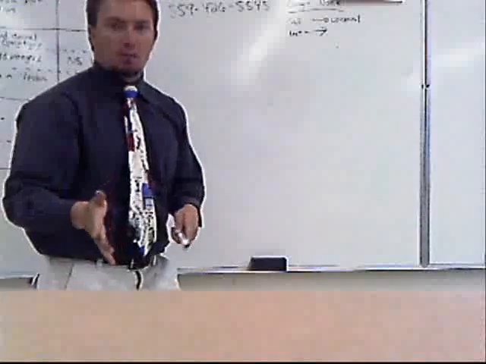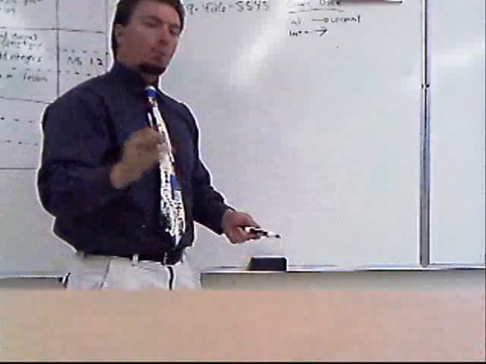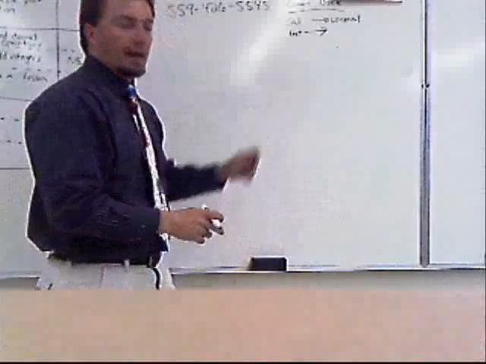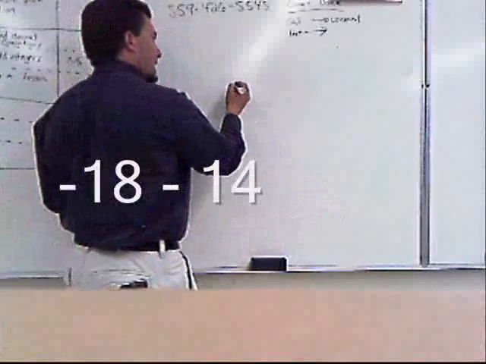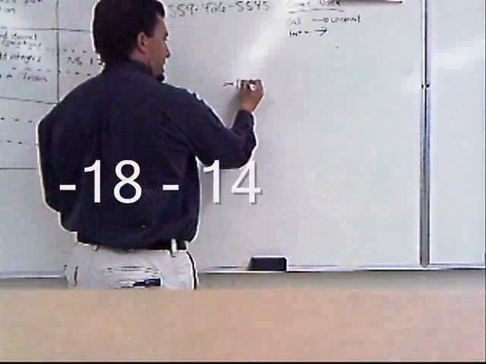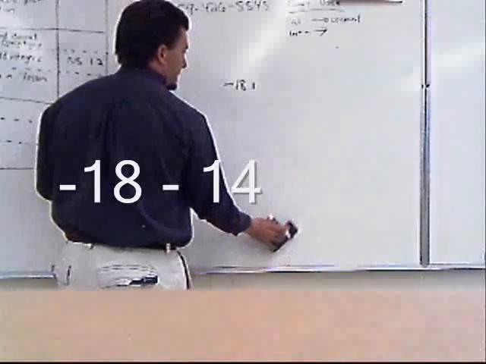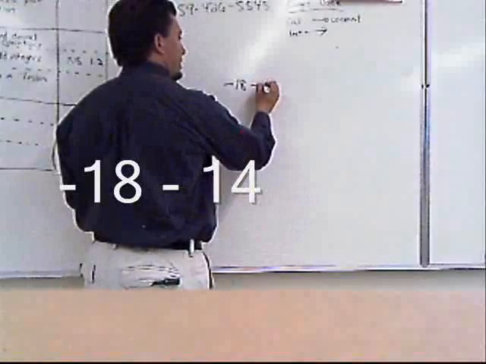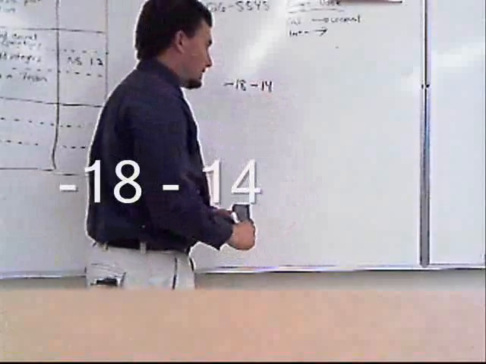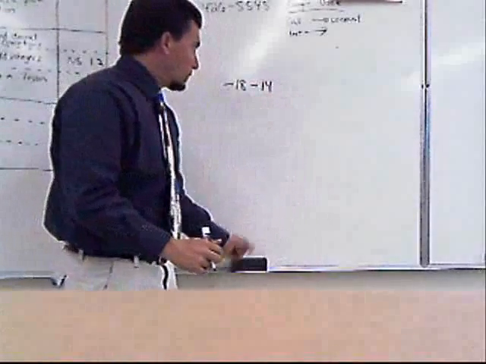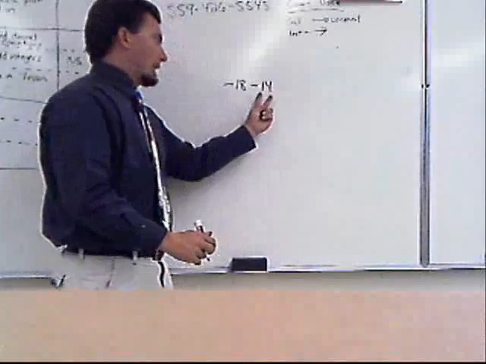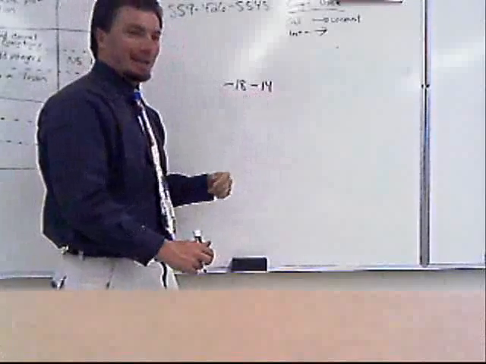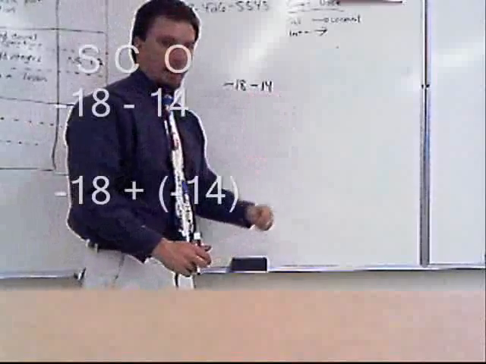Okay? Real quickly, I'll show you how to change a subtraction problem into an addition problem. I'll probably do another video dedicated to this only. But if you've got a negative 18 plus, or sorry, not plus, negative 18 minus 14. Now, the algebra tiles don't work as well. I can't move these around. Negative 14 minus 18 is not the same as negative 18 minus 14.